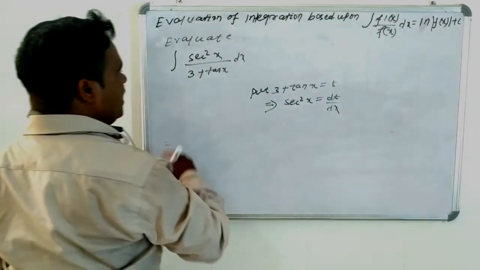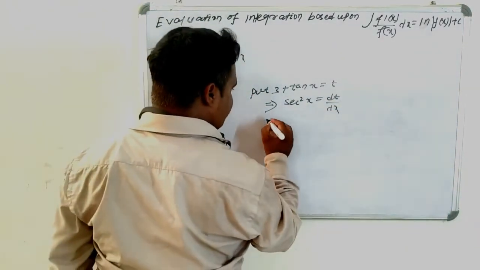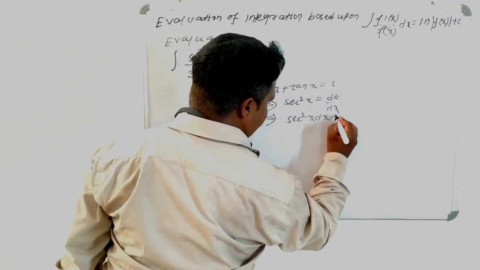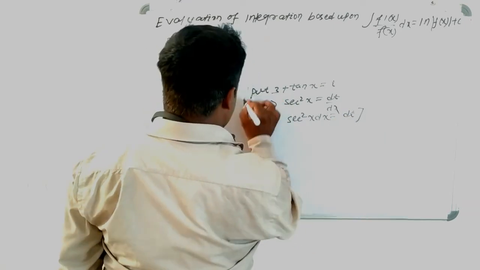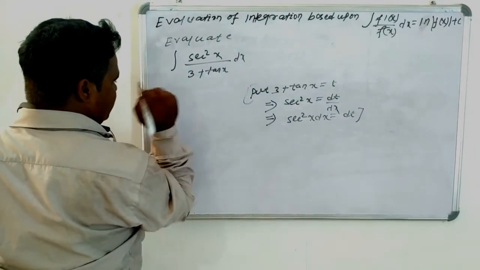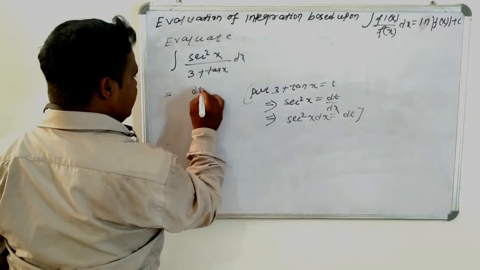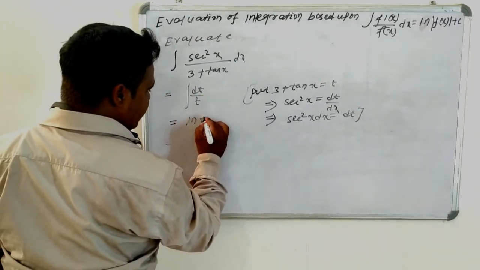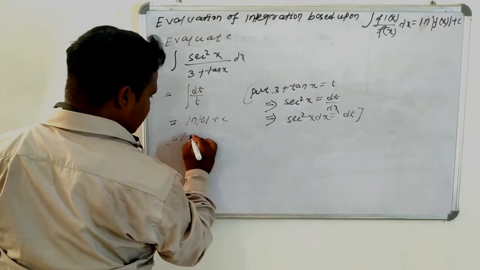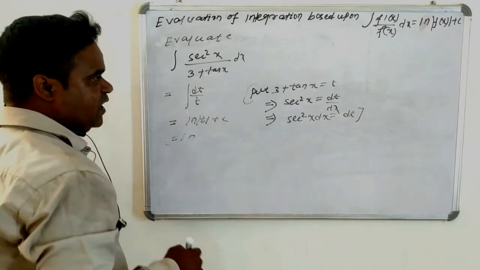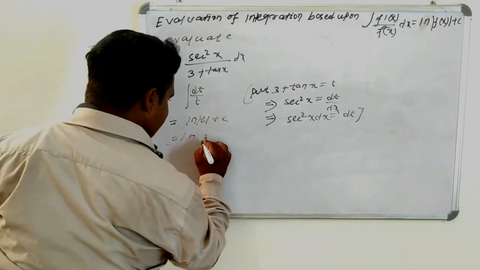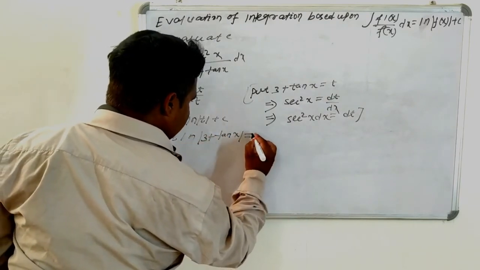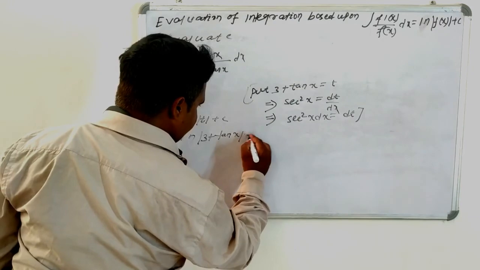In the given part, sec²x dx is in one format. So sec²x dx equals dt. This value equals dt divided by t, which equals ln t + c. So ln t, where t is 3 + tan x, plus c.